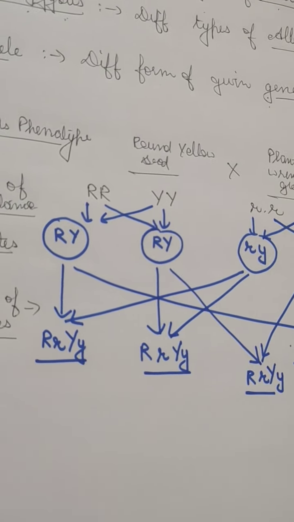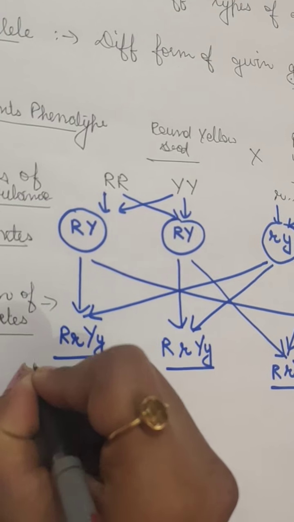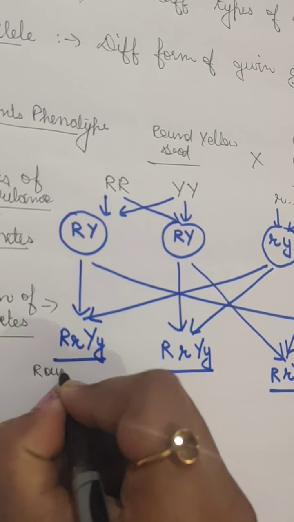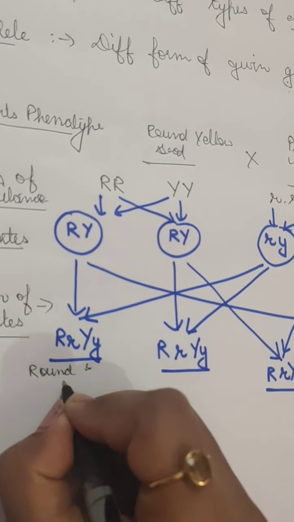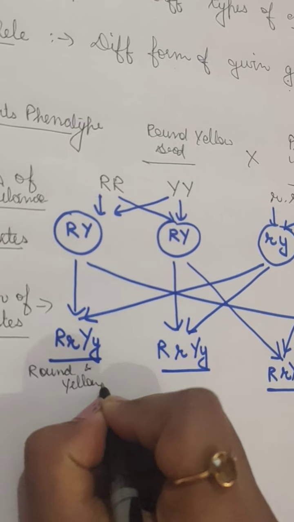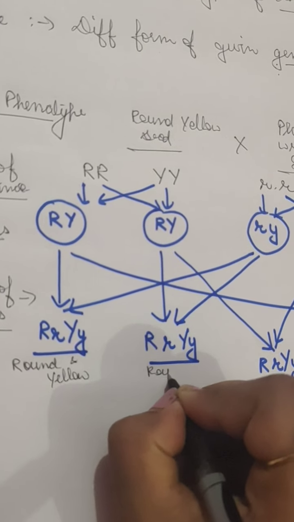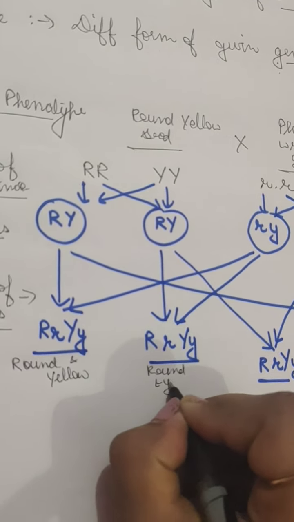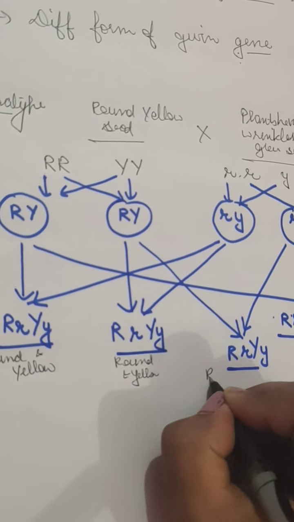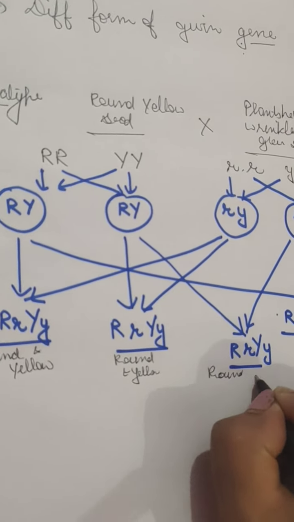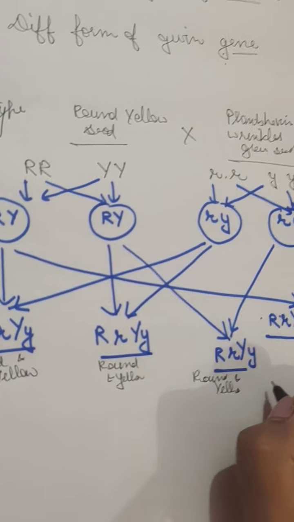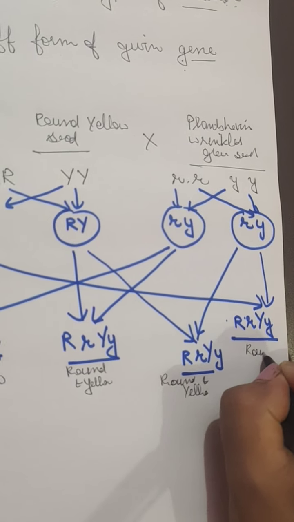That means all the seeds will be round and yellow, round and yellow, again round and yellow.